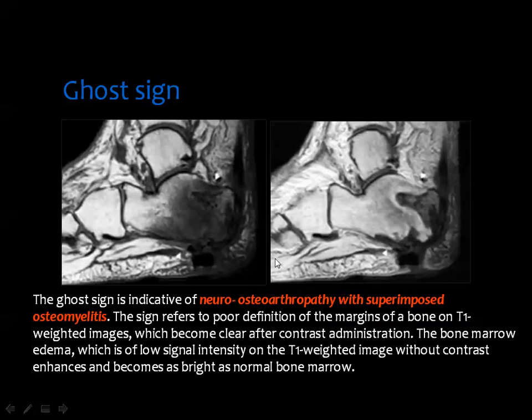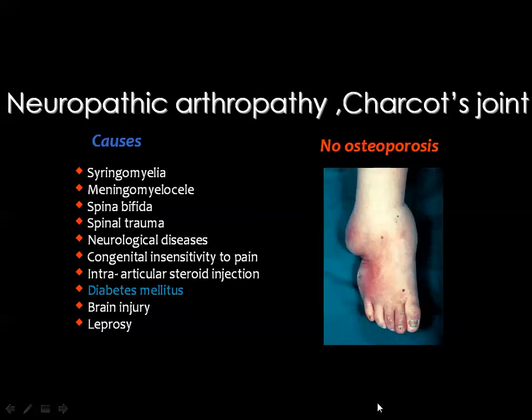In this patient with diabetic foot, you see an ulcer here, and also you can see soft tissue edema and extensive bone marrow edema of the calcaneus. If you inject contrast material, the bone marrow edema will enhance, and you get the osteomyelitis clear, and this is known as the ghost sign.